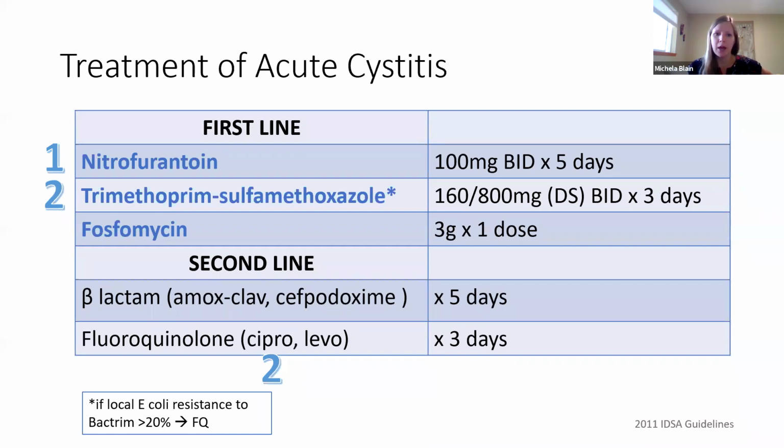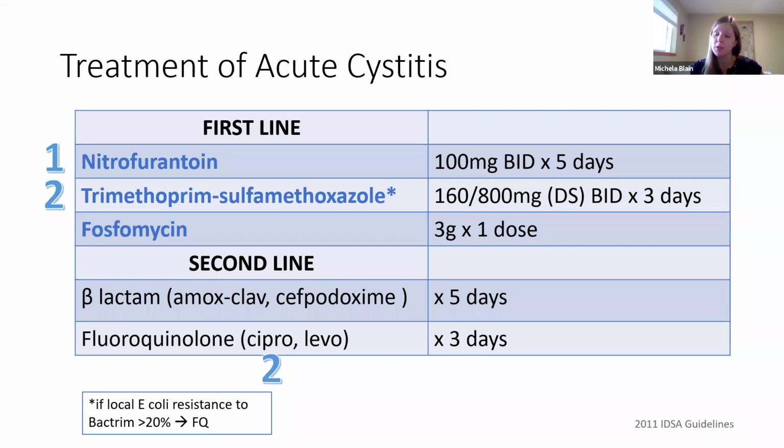My second choice, I would kind of choose between Trimsulfa or Cipro, ciprofloxacin. And I would try to figure out what are my patient characteristics. Is this person going to be more at risk for resistance? Do they have that skilled nursing facility history? Are they in and out of the hospital a lot? Have they had resistance before? Or maybe they have an allergy to Trimsulfa or sulfa. So those kind of things would push me more towards Cipro.